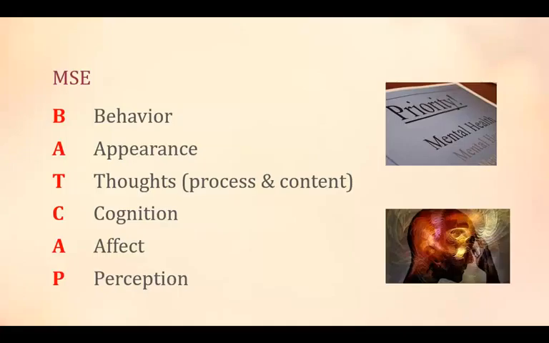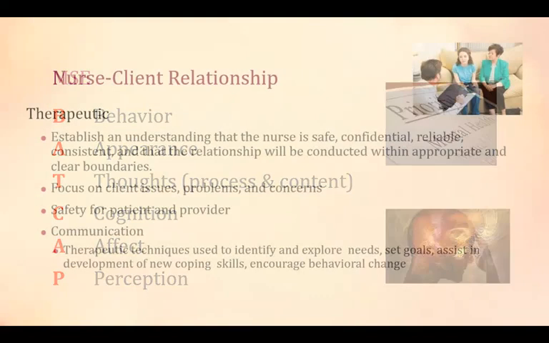So B is going to capture your behavior category, A your appearance category, T thoughts, C cognitive, A affect, and P perceptions. But then the additional P would be your psychosocial, and then the S at the end would capture your speech component that you're trying to assess.